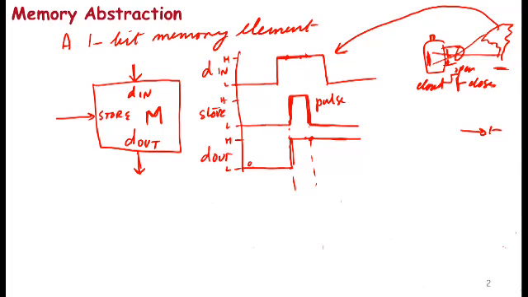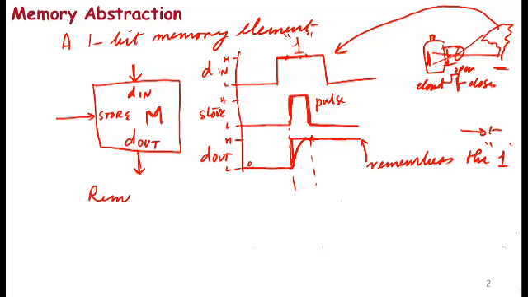Now, in a practical memory cell, it could happen that the output doesn't go to 1 instantaneously. Rather, it might meander up like this and rise slowly, and then eventually settle down to its final value. And when the pulse goes away, that's what you see. So the key here is that the memory cell remembers the 1 at the input.